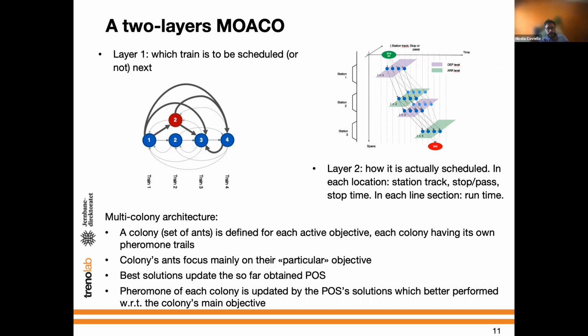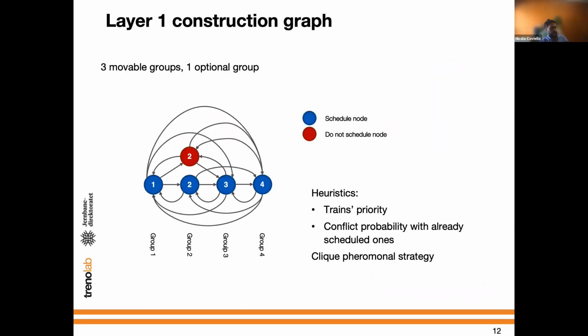In the first layer, we perform the choice of the next train group to be scheduled, or, in case of optional train groups, whether to schedule that train group or not. In this simple example, we have four groups. Three are movable, so they are groups which must figure in the resulting timetable, but are left free to vary by the scheduling algorithm.